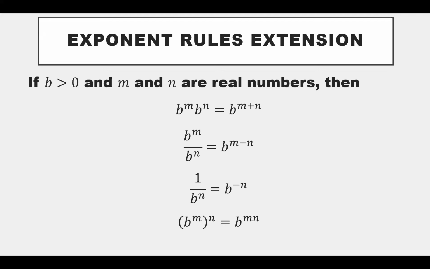You could also have b be a negative number as long as m and n are integers, and these rules will work as well. So it depends on your base and your exponents when the rules work, when you can do those operations, and when you cannot.